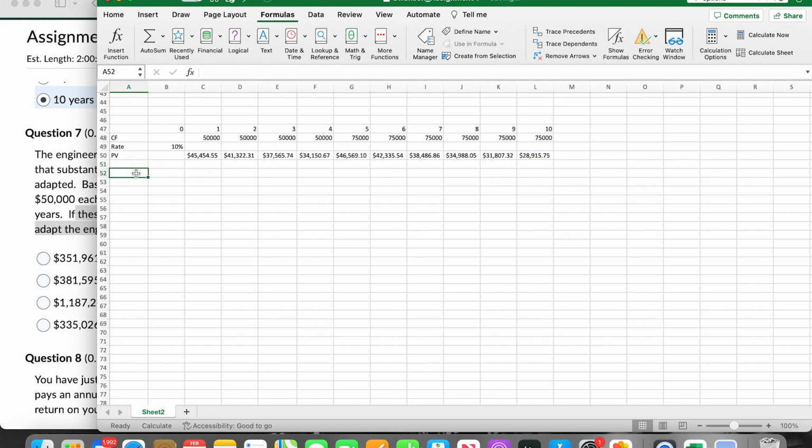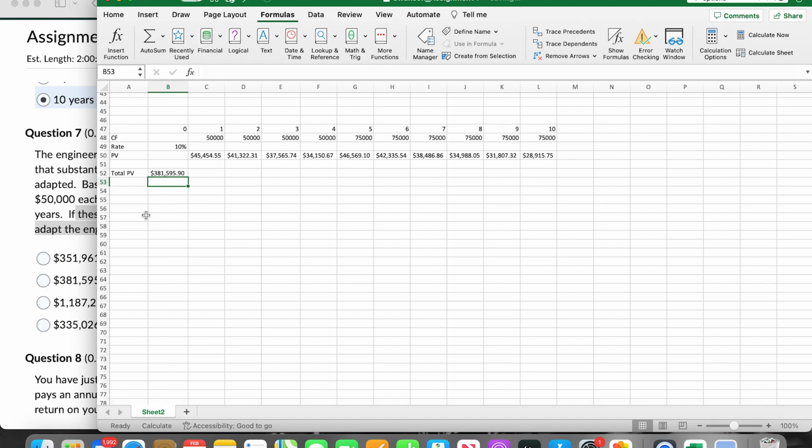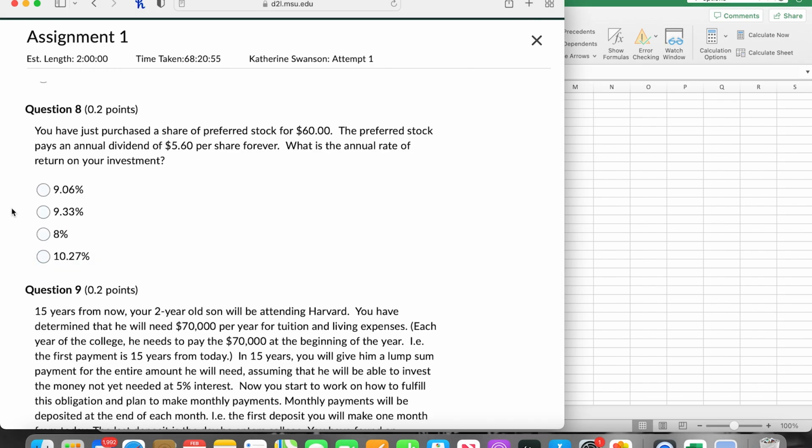All right, so equals sum, 1, 2, 3, 4, 5, 6, 7, 8, 9, 10. So they will spend $381,595.90.